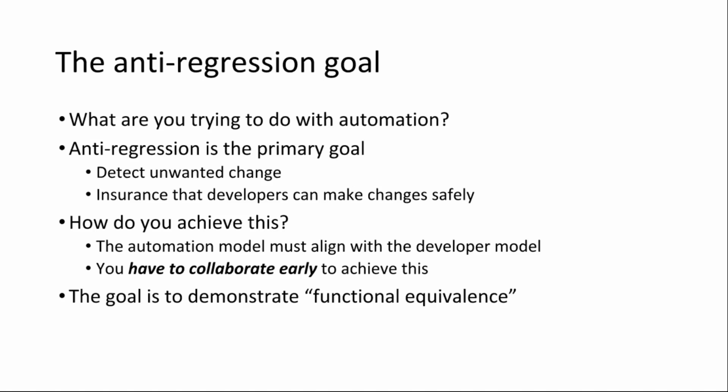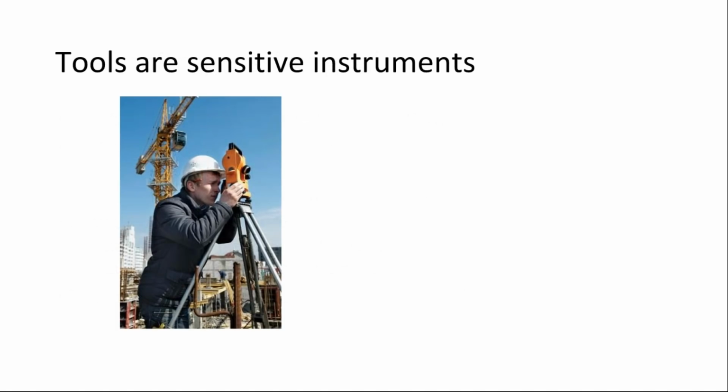And I think we have to start using models to describe and articulate how we identify areas where mismatches are most likely, regressions are most likely, but also how we identify those regressions by having meaningful tests that highlight that kind of problem. Now, one of the things that I will also have to say is the tools we use are sensitive instruments.